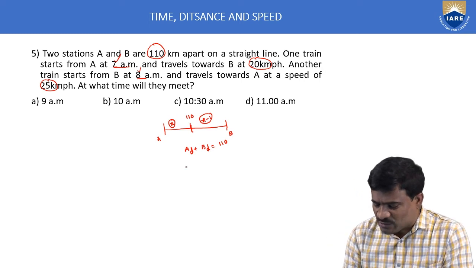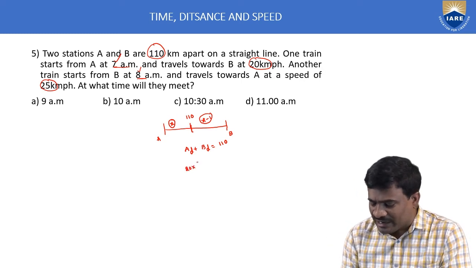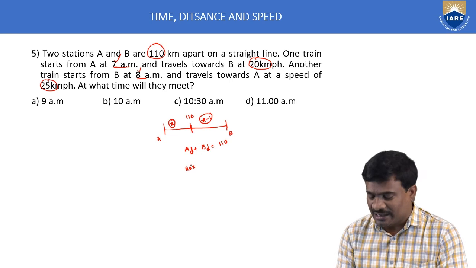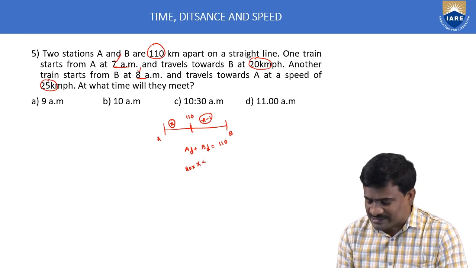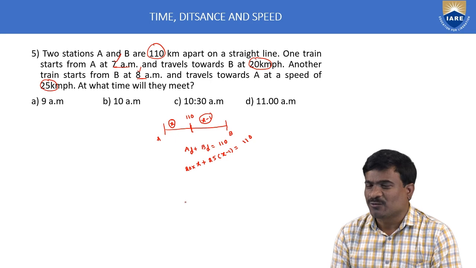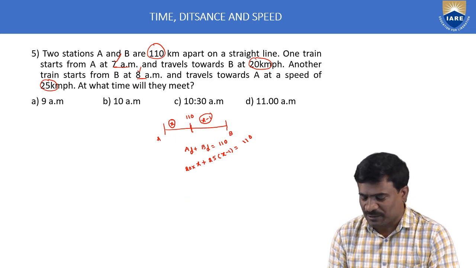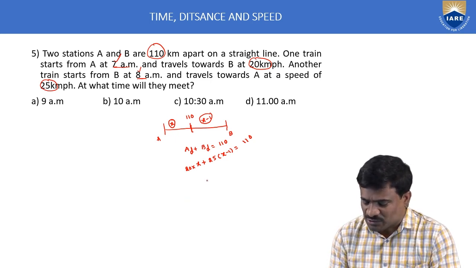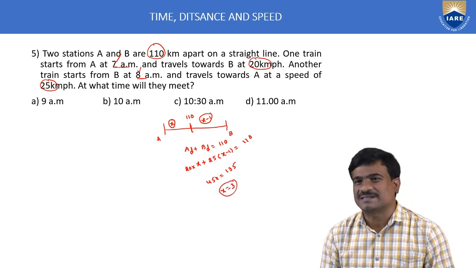A speed is equal to 20, A time is equal to x. B speed is equal to 25, B time is equal to x minus 1, and the total is 110. Now find the x value. Here 20x plus 25x gives a total of 45x. Here 45x is equal to 135. X is equal to 3 hours.